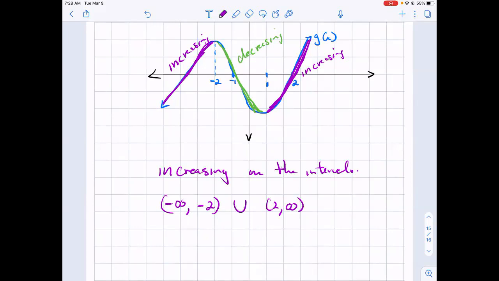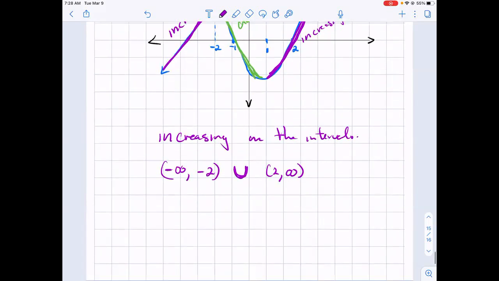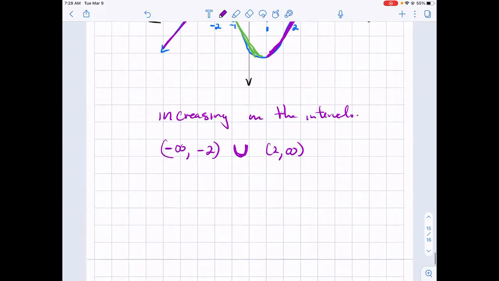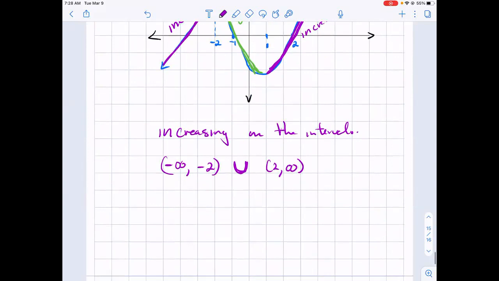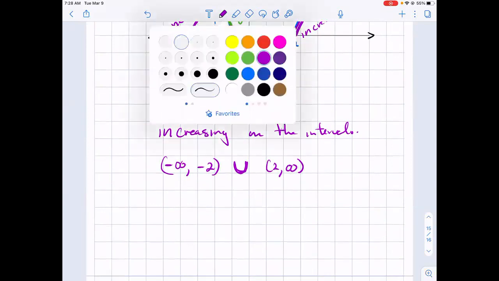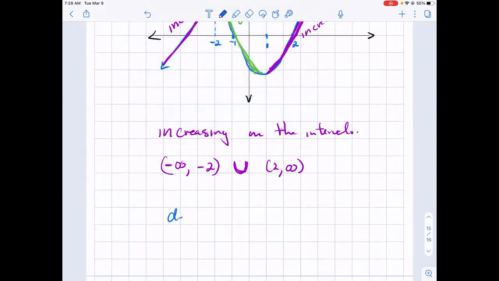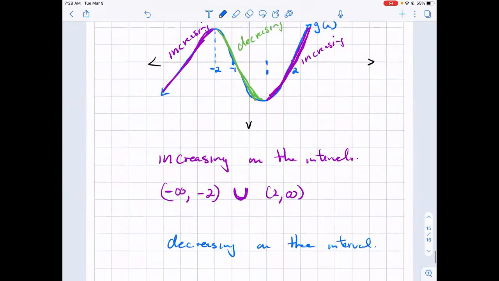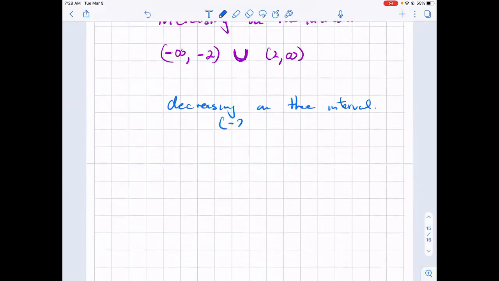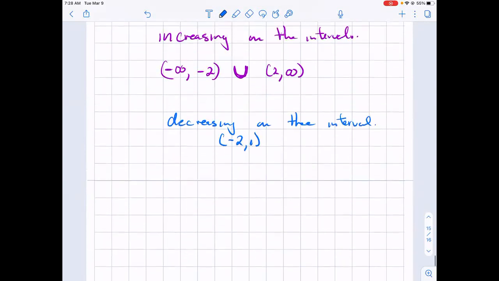And to bring them together, we use the union. And we can say that it's decreasing on the interval from -2 to 1.